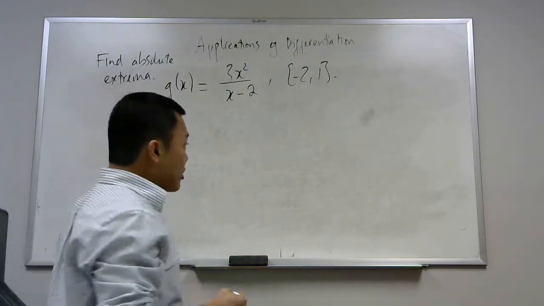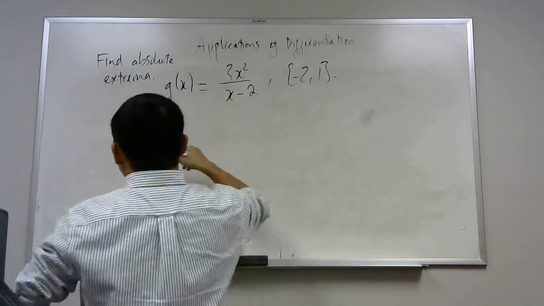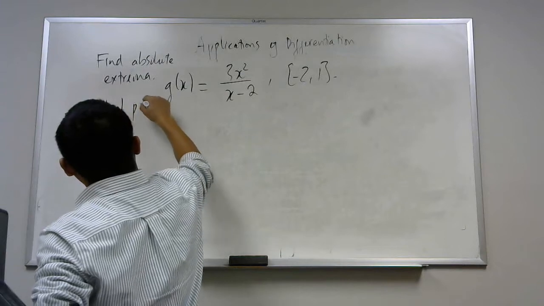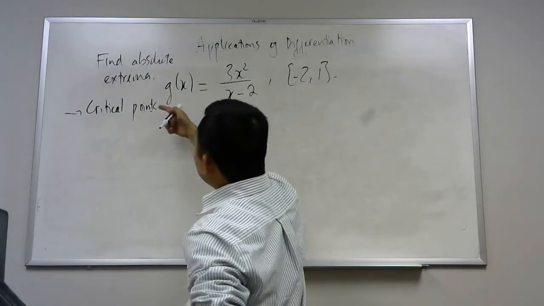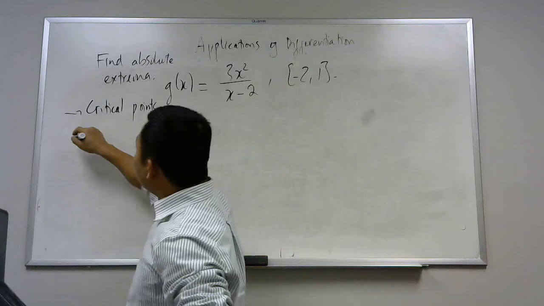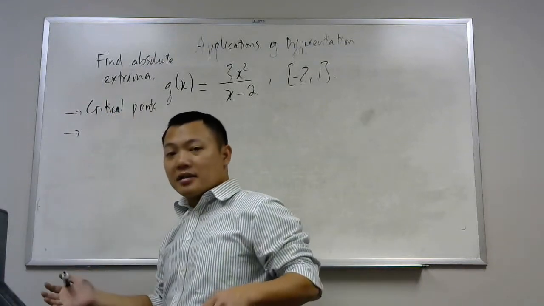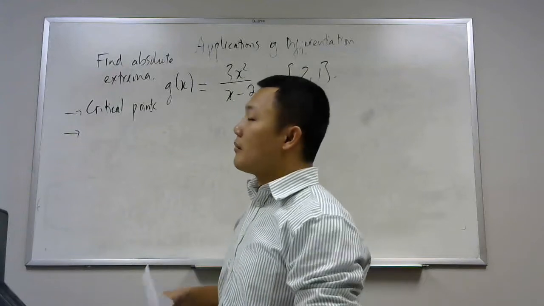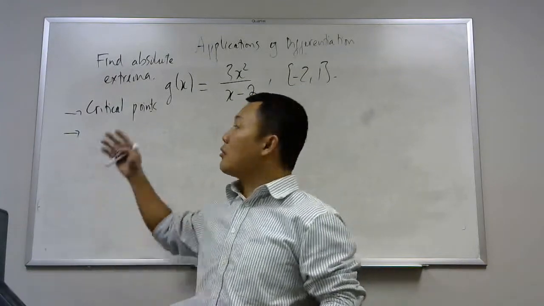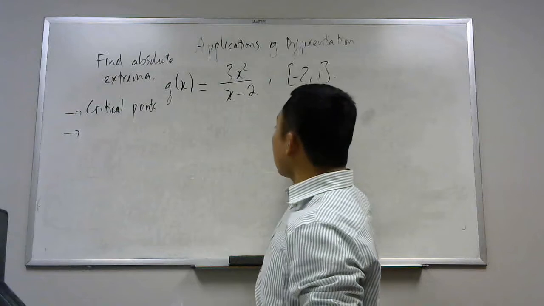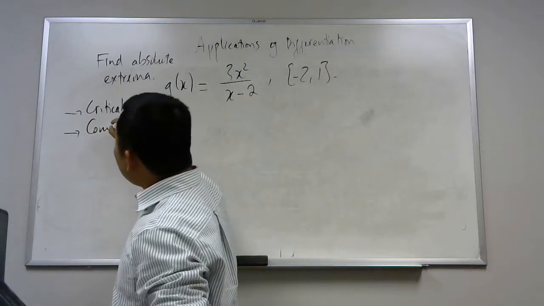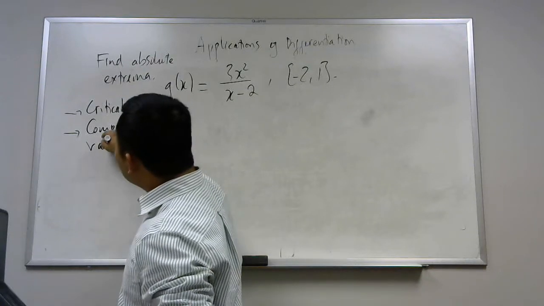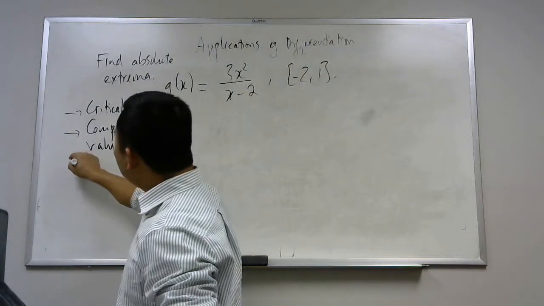Let's review the instructions for how to solve such a problem. First, I need to find all critical points on this interval. I don't have to consider the sign of the first derivative. We only need to find critical points, and then we compare function values at the critical points and at the two endpoints.